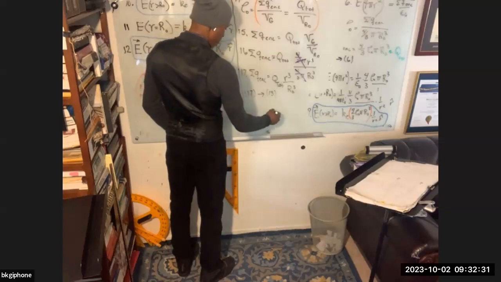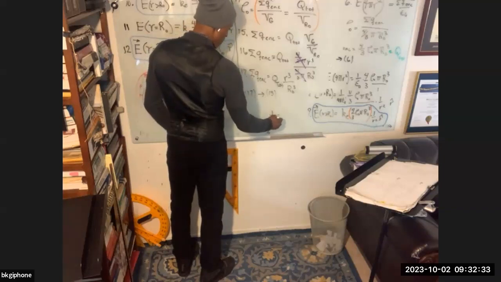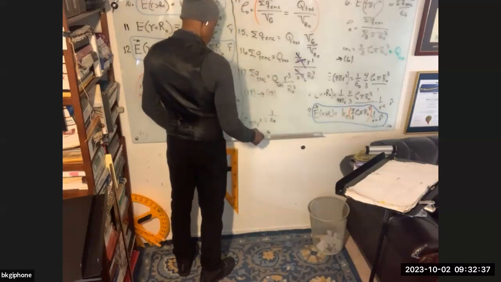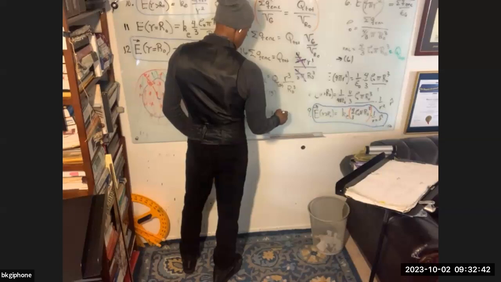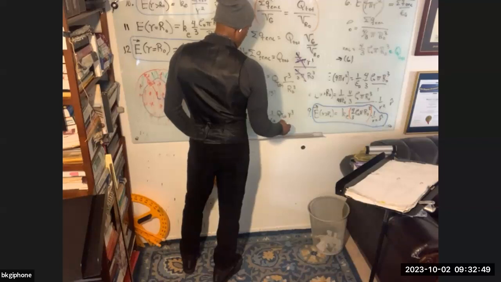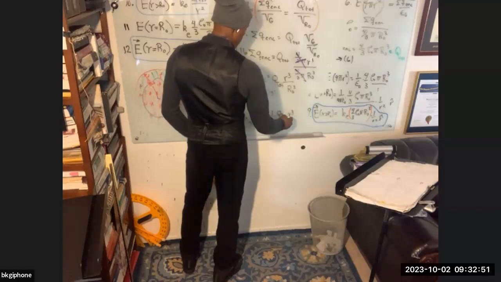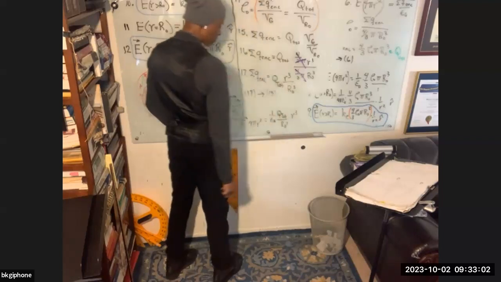So that's going to be 1 over epsilon naught times Q total and the ratio of the r cubed. Actually, I'm going to do it like this. I'm going to put r naught cubed here because this r, again, this is a variable. And this is not. These are constants.